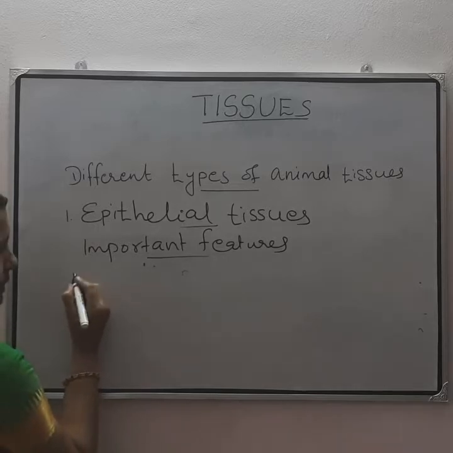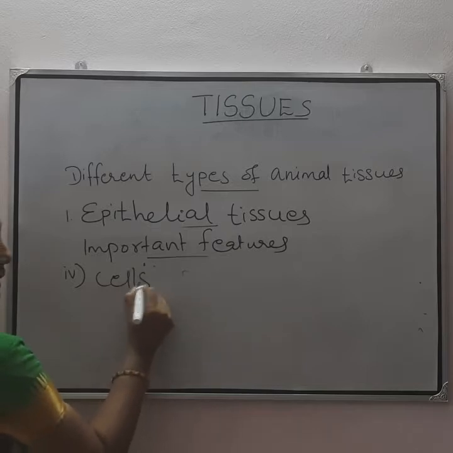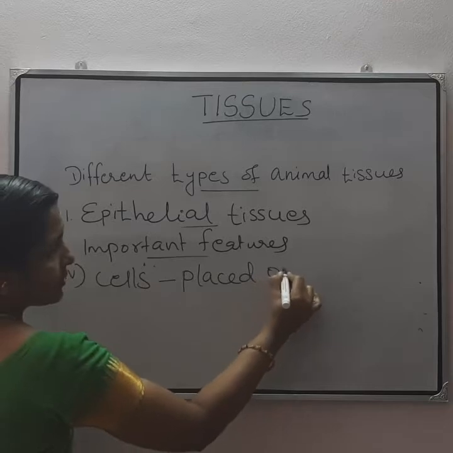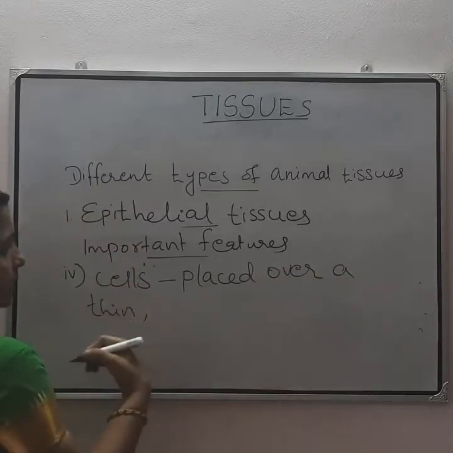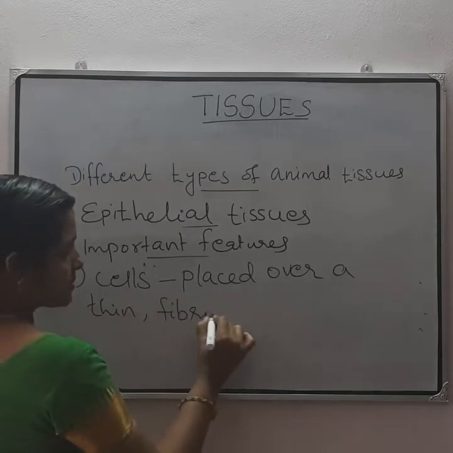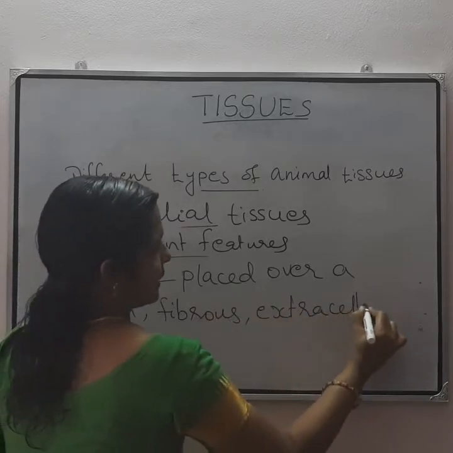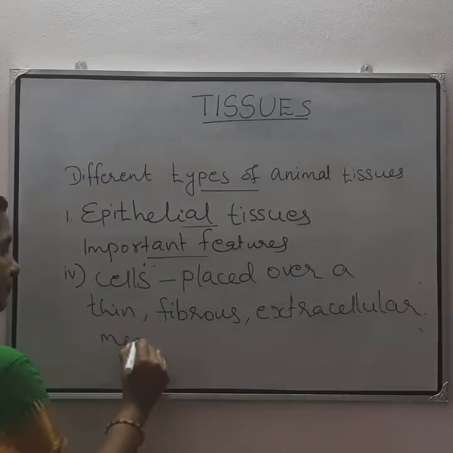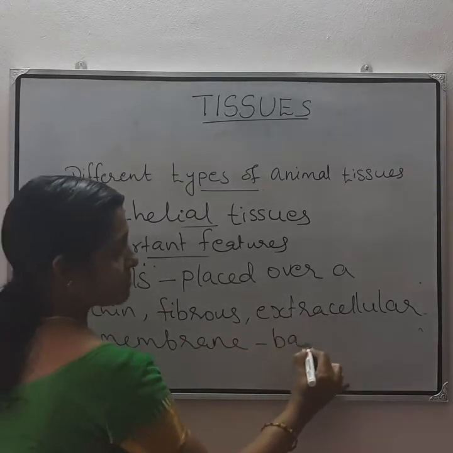What is that basement membrane? The cells of these epithelial tissues are placed over a thin, membranous, fibrous, extracellular membrane, which is called the basement membrane.